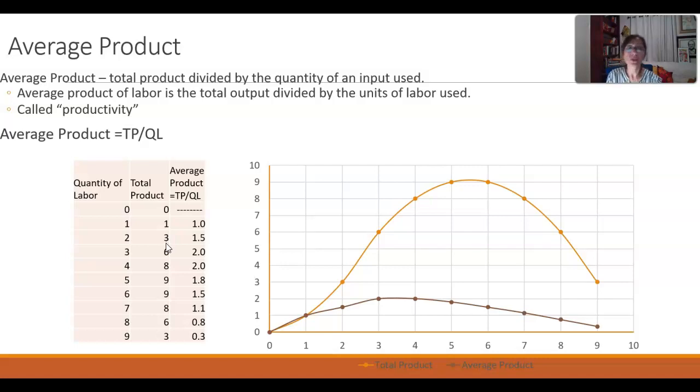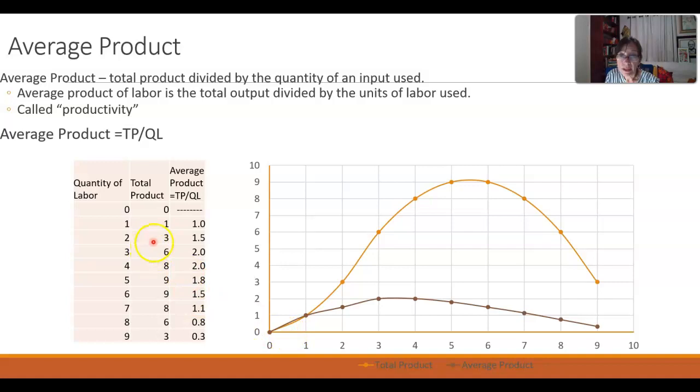So on average, how much is each person making? So we're going to take 3 divided by 2, and that's going to give us 1.5. So here we have 2 workers, and we're making 3 sandwiches.